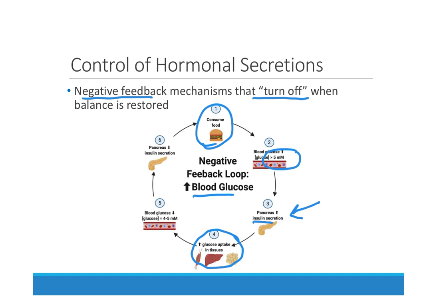The glucose is taken from the bloodstream, brought into cells, causing a decrease in blood glucose. Once it falls below 4 or so millimoles per liter, then the trigger to the pancreas is to shut down insulin secretion until the blood glucose levels increase again.